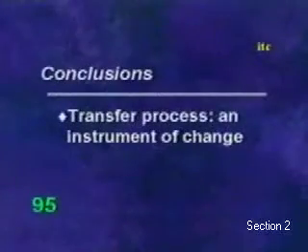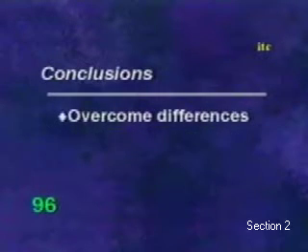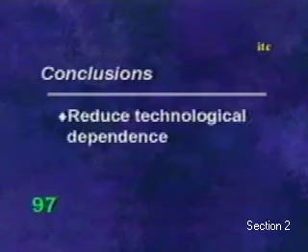The transfer process should be regarded as an instrument of change. It is not easy to effect a sweeping change at the societal level. Differences in the level of performance between the technology transmitting and receiving countries must be understood, and steps should be taken to remedy these, or the technological dependence will continue.